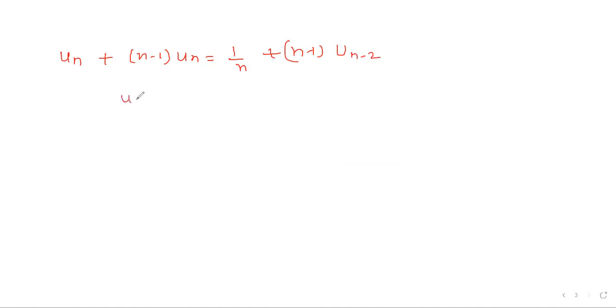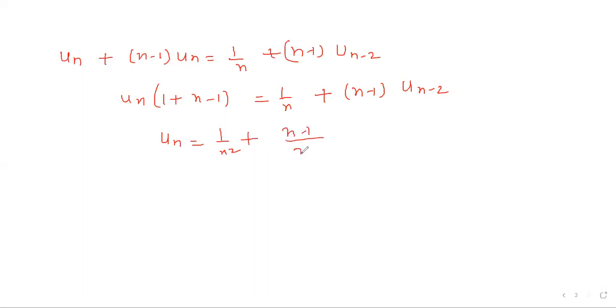Here un times (1 plus n minus 1) is equal to 1 upon n plus (n minus 1) times un minus 2, or un will be equal to 1 upon n square plus (n minus 1) upon n times un minus 2. So we have got the result for the first part.